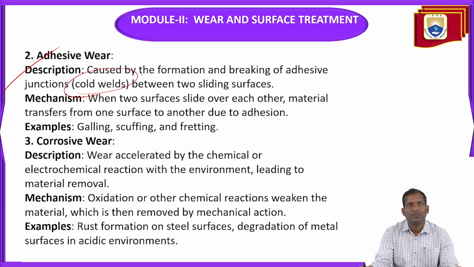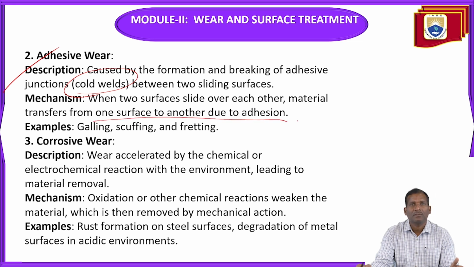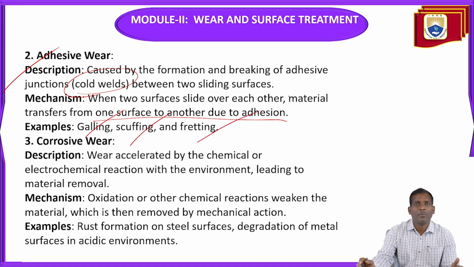The mechanism behind this adhesive wear is that when two surfaces slide over each other, material transfers from one surface to another due to adhesion. The examples are galling, scuffing, and seizure.